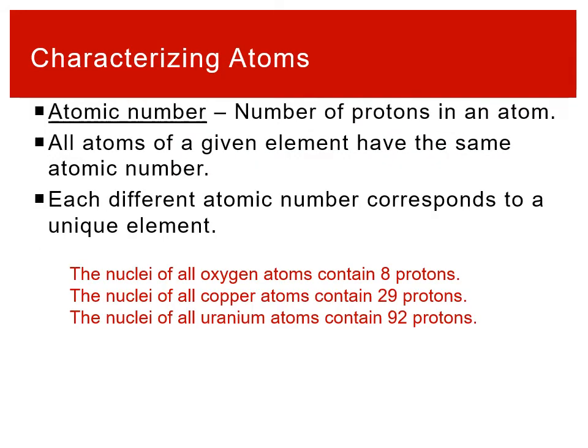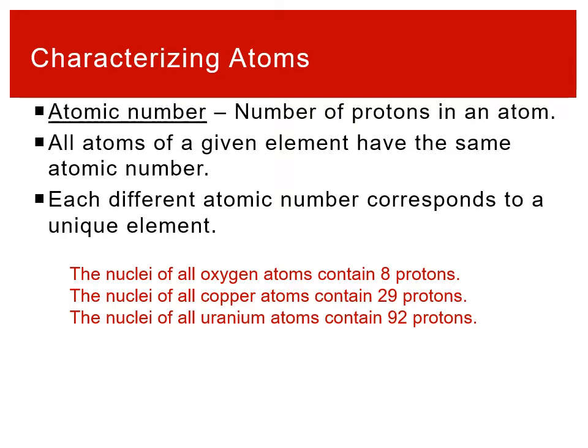The first property of atoms that we're going to talk about then is atomic number. And this corresponds to just the number of protons in an atom. All atoms of a given element have the same atomic number, and each different atomic number corresponds to a unique element.